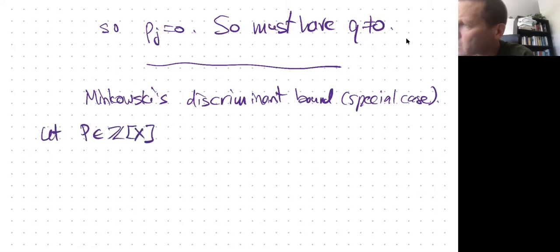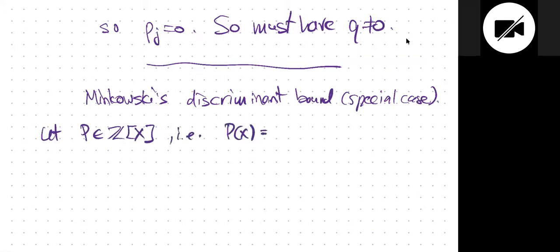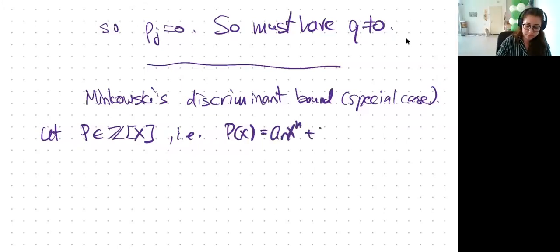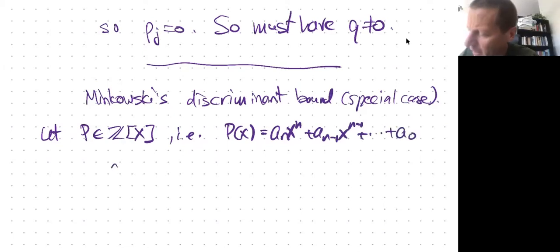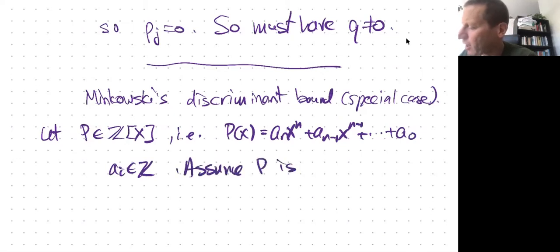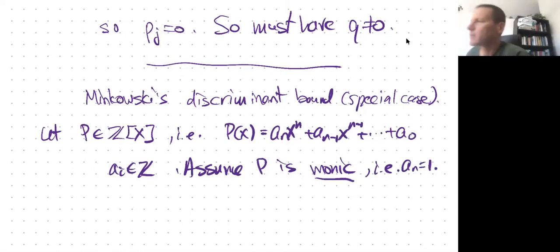This just means that P of x equals a_n x^n plus a_{n-1} x^{n-1} plus dot dot dot plus a_0, with each a_i in Z. And assume P is monic, which means that a_n is 1. So the leading coefficient is 1.